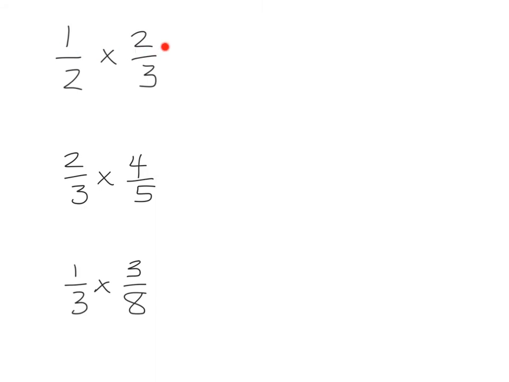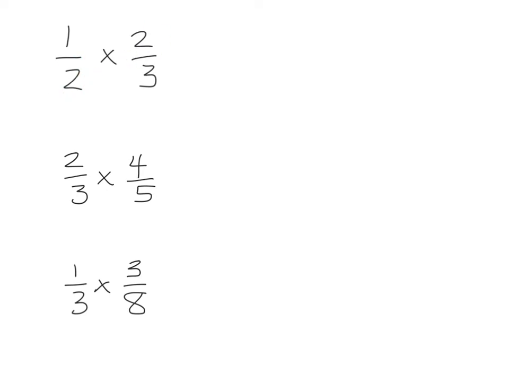Since I'm multiplying the numerators and multiplying the denominators, I could really switch these around and say this is 2 times 1. So I could have 2/2, and 2/2 can be reduced down. As long as one's on top and one's on the bottom, I can go ahead and reduce them right here.